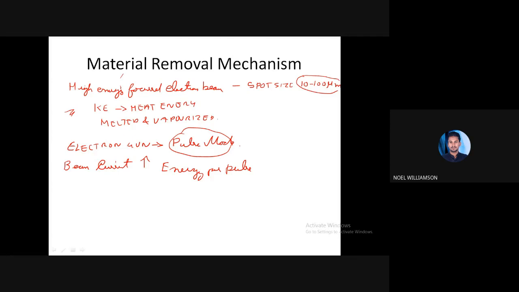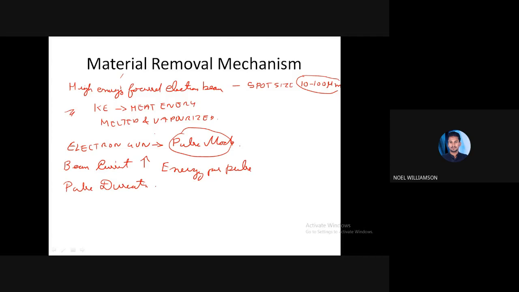Also regarding the pulse duration. Pulse duration means the time for which the pulse is on, and when it is off, it is cut off. So the duration through which the electrons are acting, or the pulse is given, is the pulse duration.